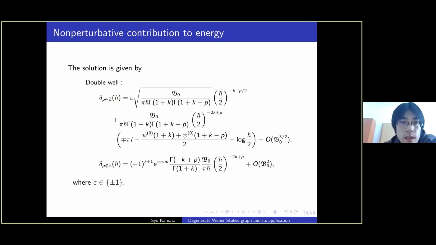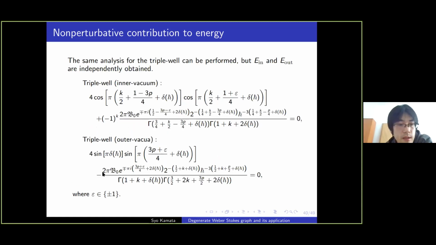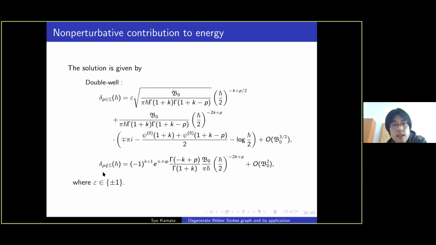For example, if P is an integer, this has an energy splitting coming from the instanton, like epsilon here. But on the other hand, if P is not an integer, it doesn't have any energy splitting, and it starts with the energy of the Bloch sector.